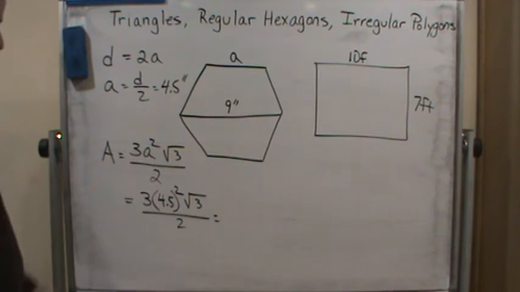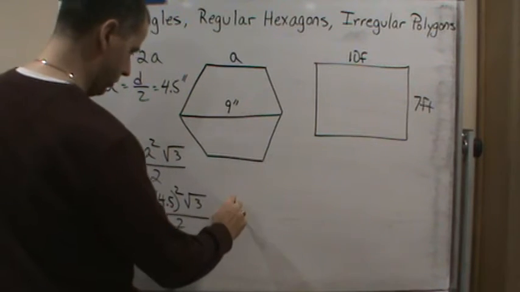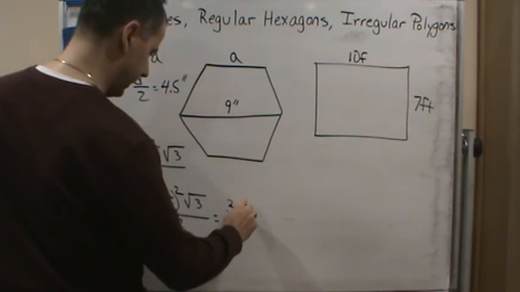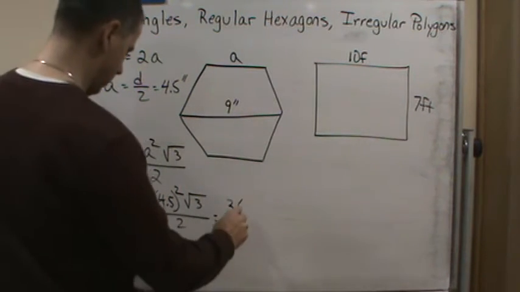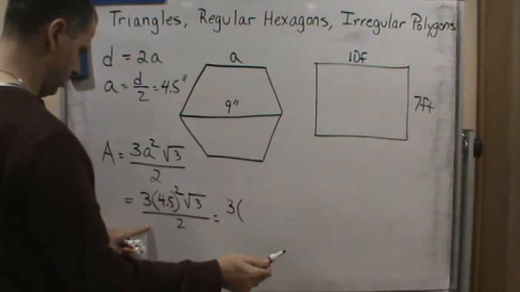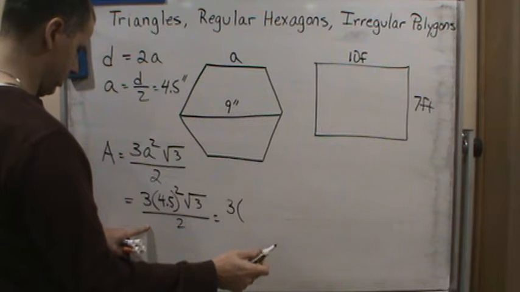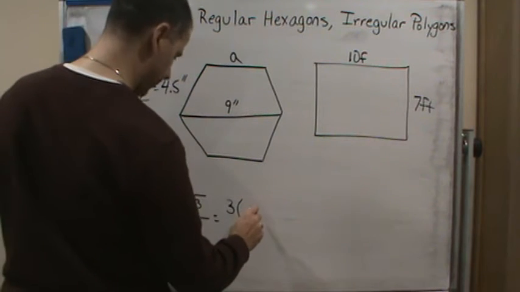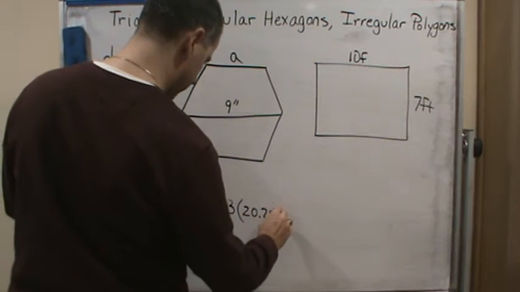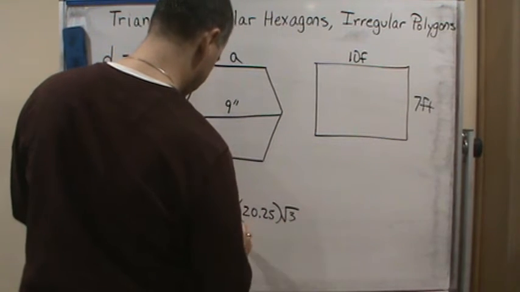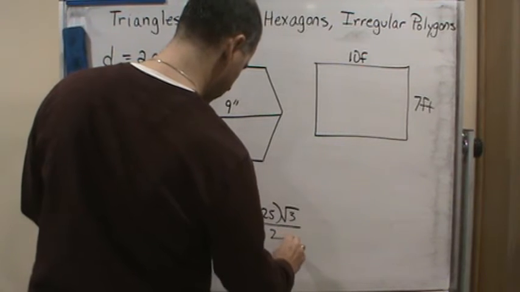Well, 4.5 squared is 20.25. So it's going to be 20.25 times the square root of 3 over 2, right?